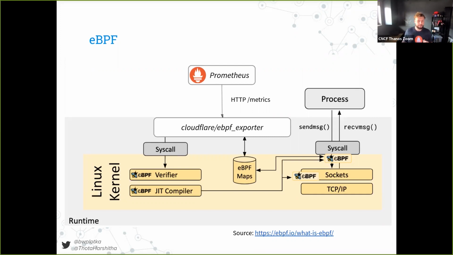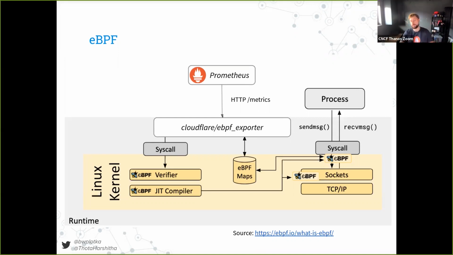And then this eBPF exporter will check the eBPF map on every scrape, to expose the data in a metric form, in a time series form. Then it is as easy as pointing Prometheus to this exporter, scraping it at whatever interval you want, and collecting this data periodically and exposing it for PromQL and further integrations.